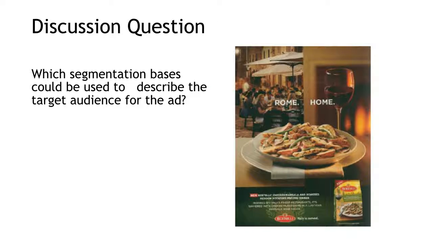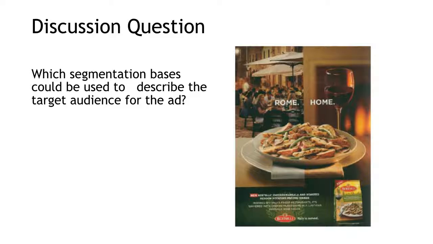The book gives you lots of examples of different kinds of segmentation strategies. And this asks the question, which segmentation basis could be used to describe the target audience? What is the message that they're trying to send here?